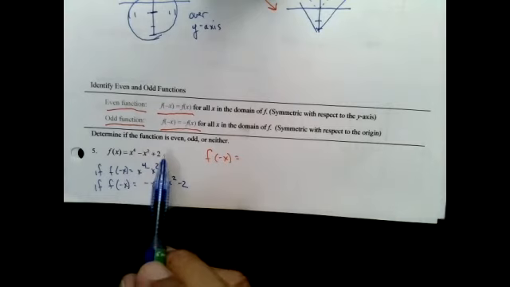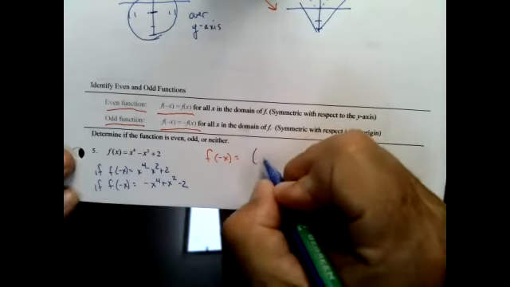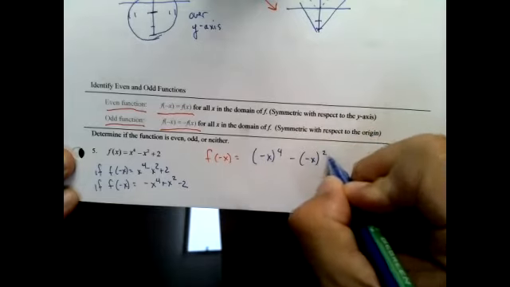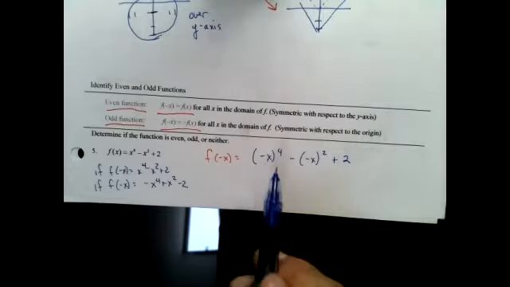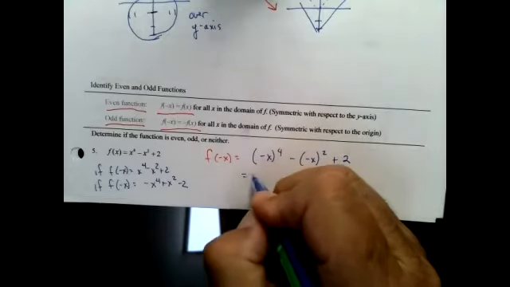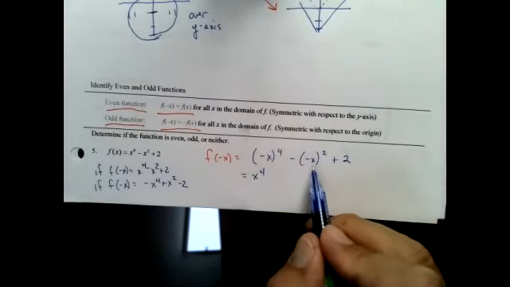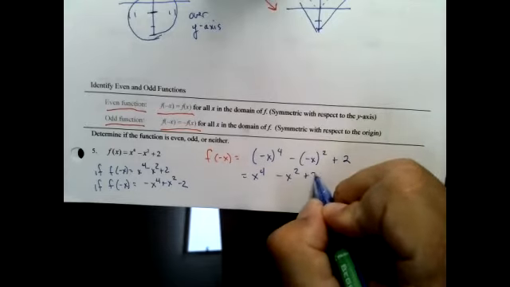All right, well, let's see. This becomes negative x to the fourth minus negative x squared plus 2. And if I clean that up, negative x times negative x times negative x times negative x just becomes x to the fourth. Negative x times negative x becomes just x squared, and the plus 2 didn't do anything.